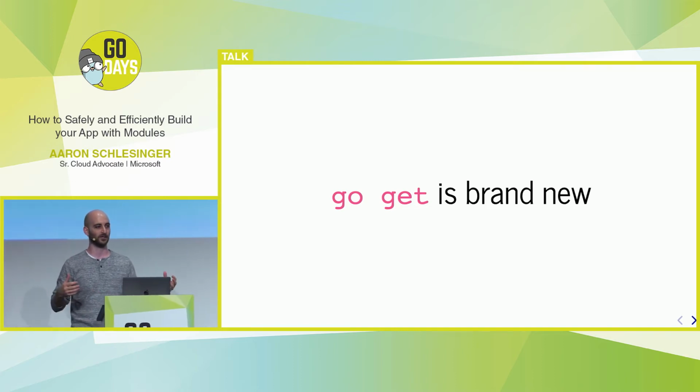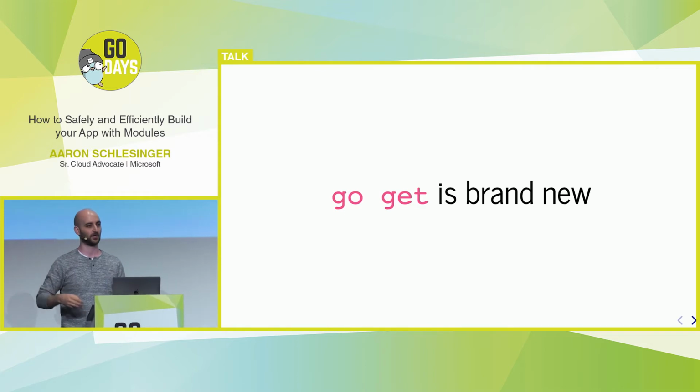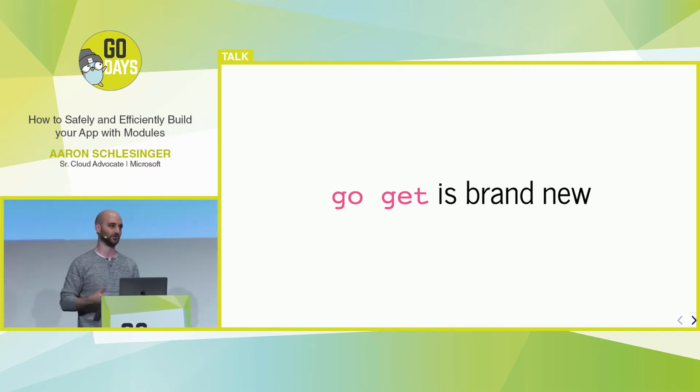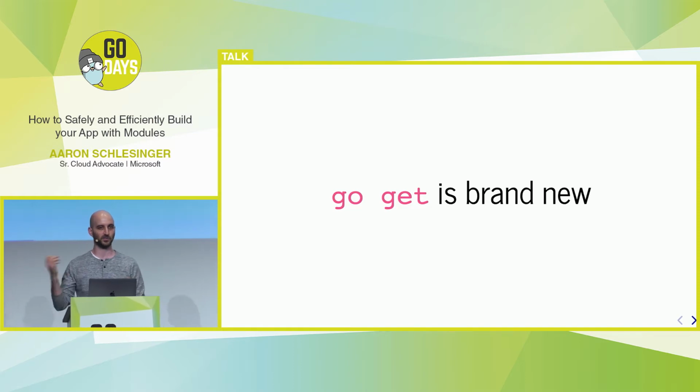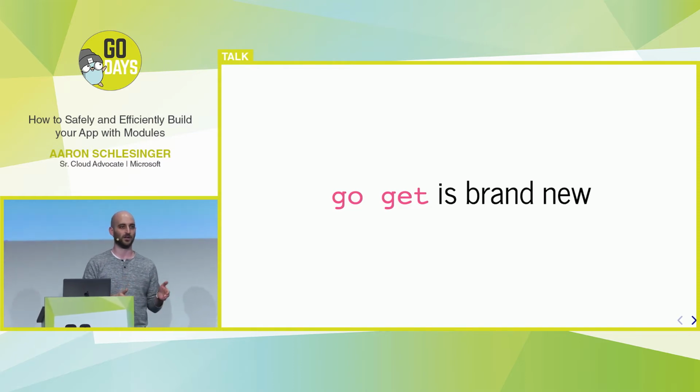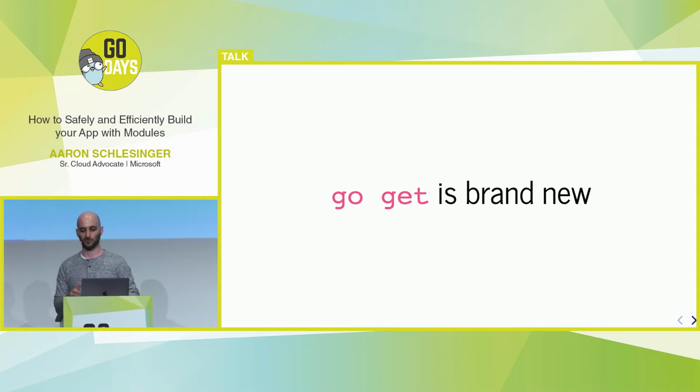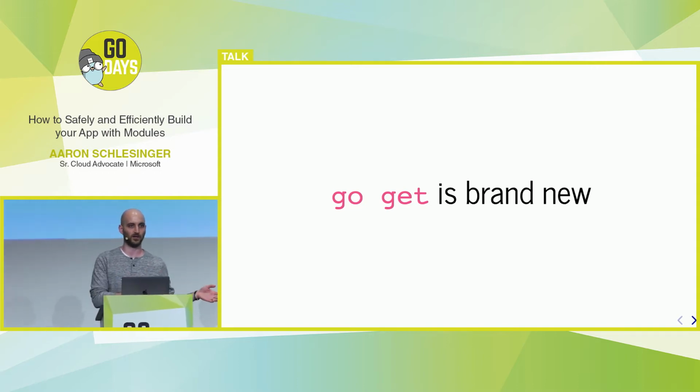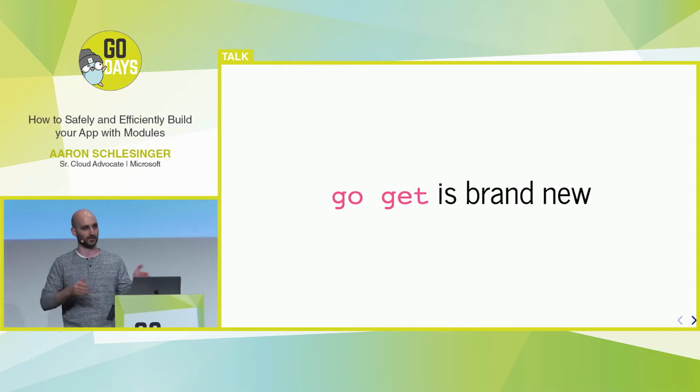So everything that happens when you do go get github.com/blah, blah, blah, all that code is literally new. It downloads code from different places. It secures the code and authenticates the code differently. And all of this newness happened in Go 1.11. So the fundamental change was from 1.10.9 or whatever it was into 1.11.